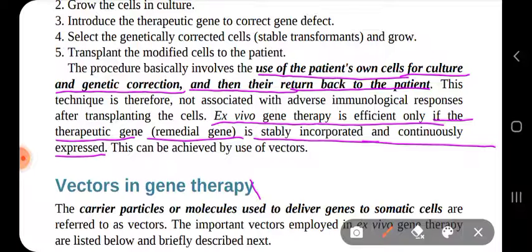They have to be included within that therapeutic gene, and also we have to use selectable marker genes for proper selection during our culturing process in the laboratory. Now normally through the help of vectors we achieve this whole thing.